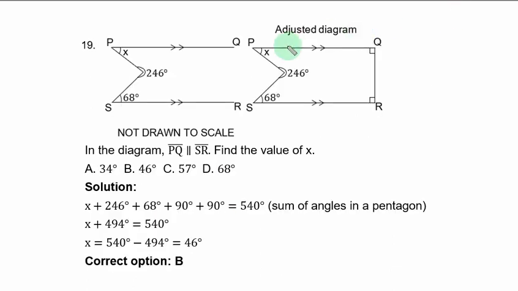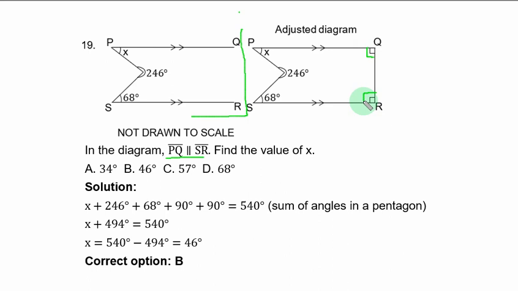Question 19. In the diagram, PQ is parallel to S arrow. Find the value of s. This is the given diagram. In order to solve, we have this adjusted diagram by closing the side Q arrow. If you close that, you have an angle of 90 here and an angle of 90. You have 5 angles in this diagram.